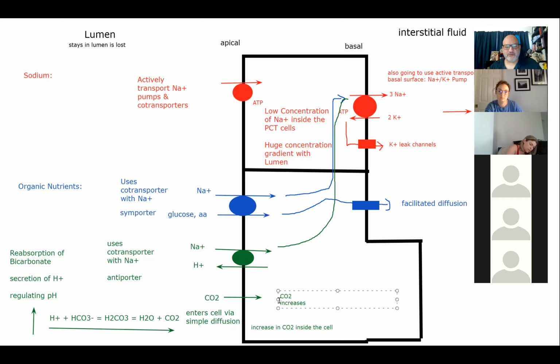And as that CO2 level increases, that is going to drive our chemical reaction in the other direction. So that CO2 is going to mix with the water that is inside of the cell. And as that occurs, it is going to form carbonic acid, which will then dissociate into hydrogen ions and bicarbonate.